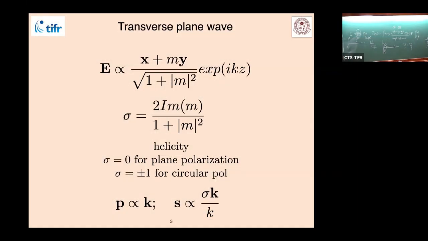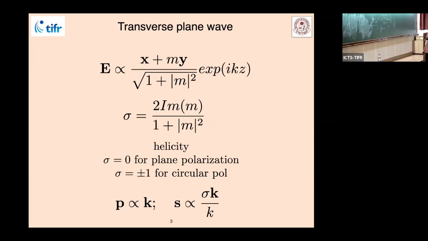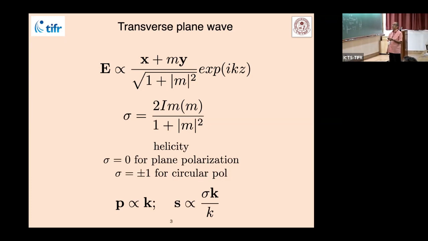But in the standard scenario, you can summarize all that. You can write this wave like this. This is the X component, this is the Y component. This m is a factor related to the helicity of the beam. If the imaginary part of m is 0, that means the helicity is 0. That corresponds to X polarized, or m is real, in which case it will be X polarized or any arbitrary polarized direction in the X and Y plane.